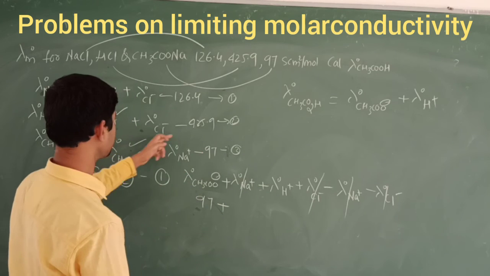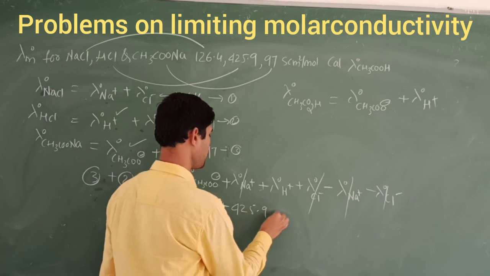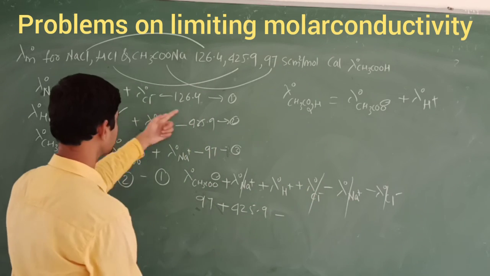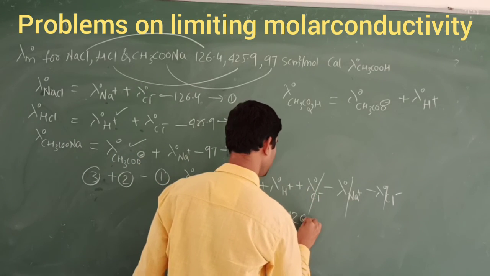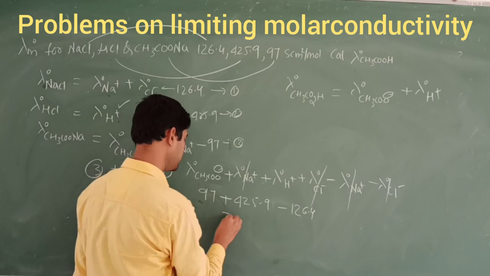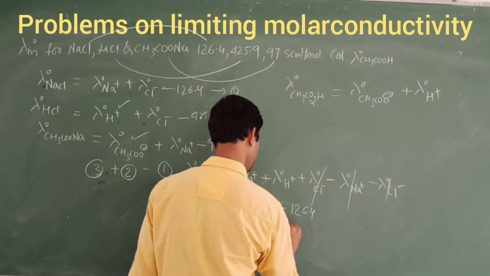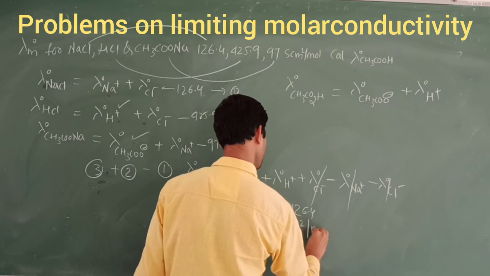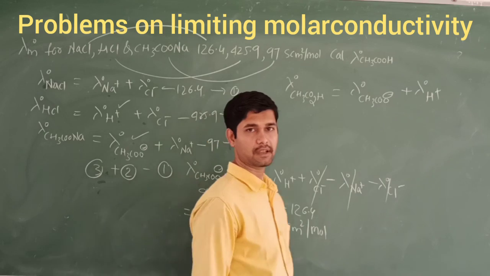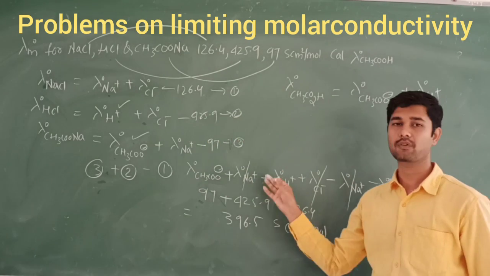That has given 425.9, minus for NaCl, 126.4. After this simple calculation, we obtain 396.5 S cm² per mole. So this is the way of the calculation when they are not given in the direct format. Like this we are going to do it.